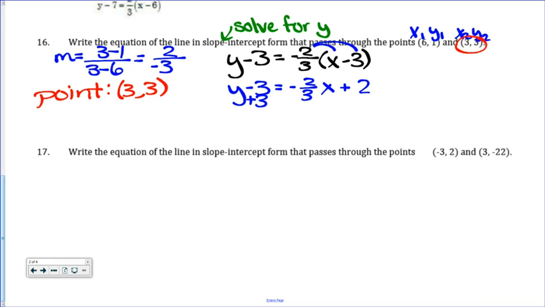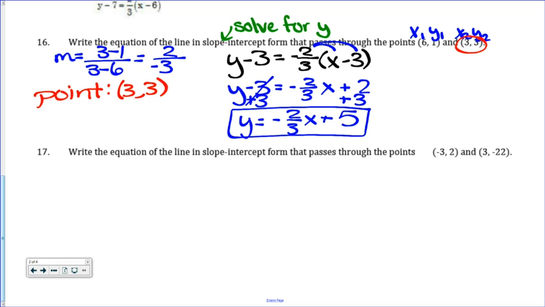And then add 3 to both sides, because we're trying to get y alone, so those cancel out, and I'm left with y equals negative 2/3 x plus 5. If I were to graph these two equations, they would have the same line. These two equations, though they're written differently, represent the same linear function. So the point 3, 3 would be on that line, as with the y-intercept of 0, 5.